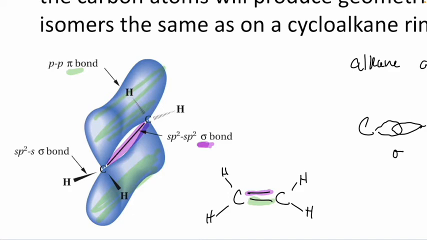Okay, remember that if we look at this diagram here, all of these atoms, so 1, 2, 3, 4, 5, 6, they're all sitting in the same plane, right? That flat shape.